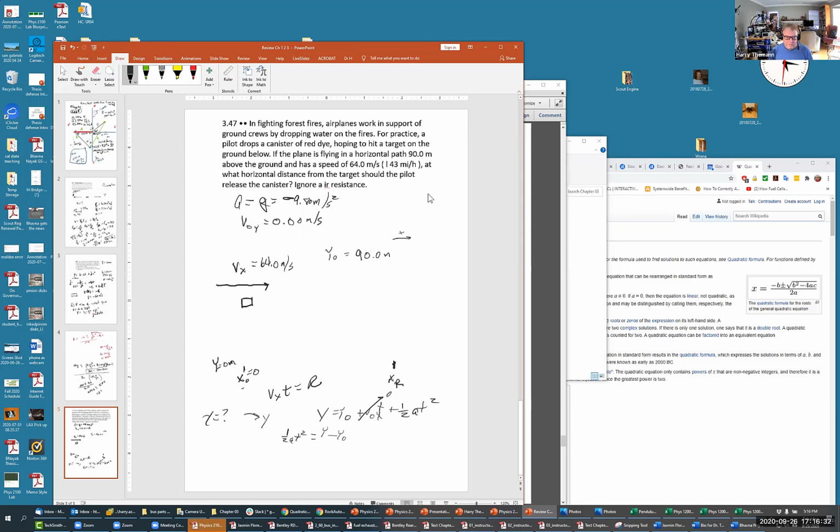So t squared equals 2 times (y minus y sub 0) over a, and t equals the square root of that, which is 0 minus 90 over minus 9.8, to the half power.